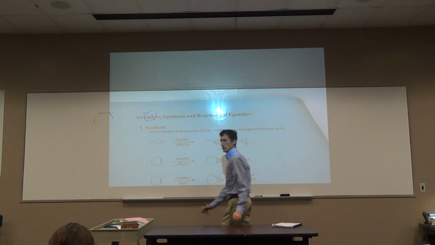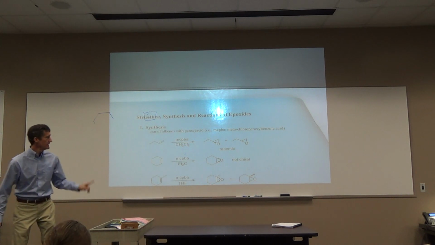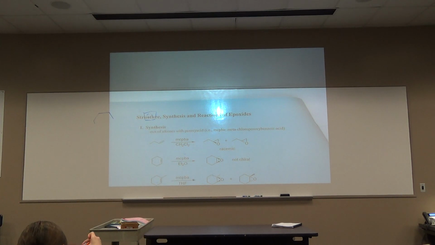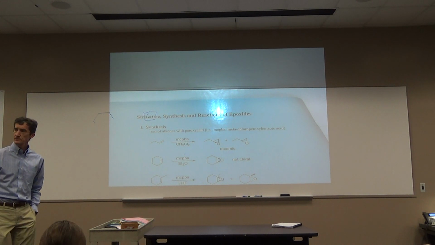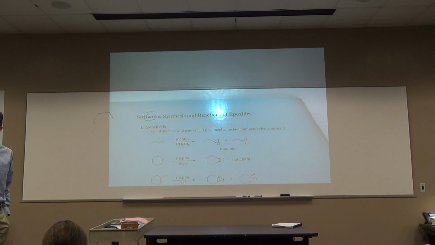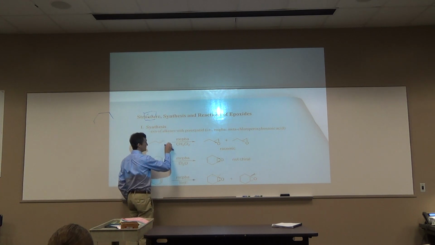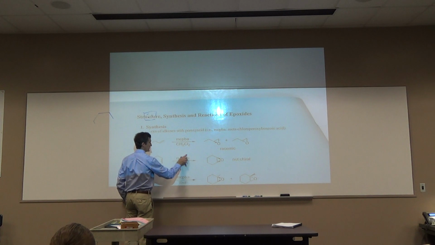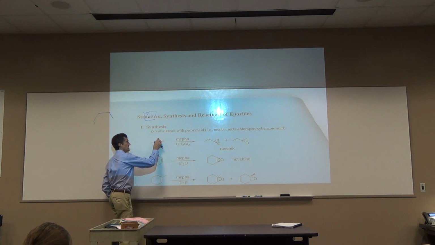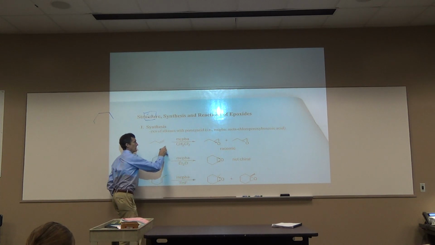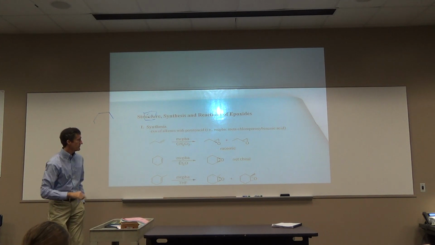We made these in Organic 1 from alkenes. Got to review synthesis. What reagent did we use? Like peroxy acid, the most common being MCPBA. Yes. Take this alkene, MCPBA, some type of inert solvent, dichloromethane would be a common solvent here. We can get the epoxide.